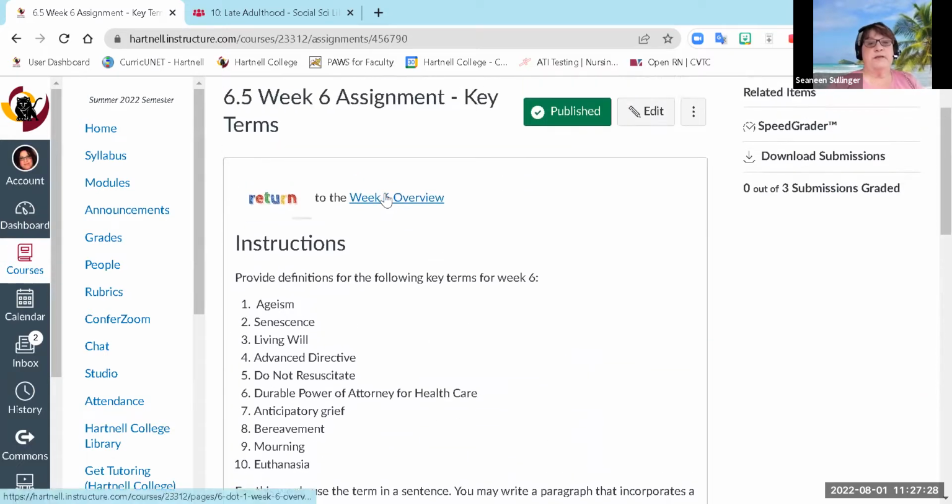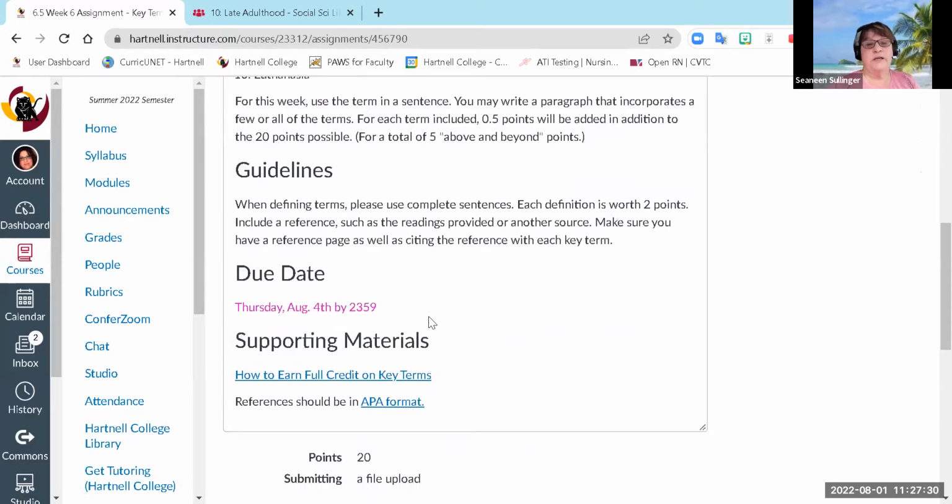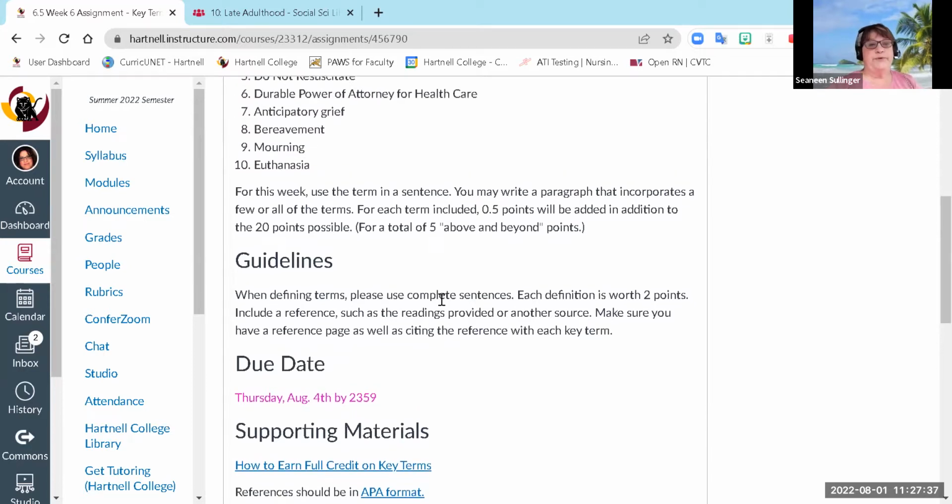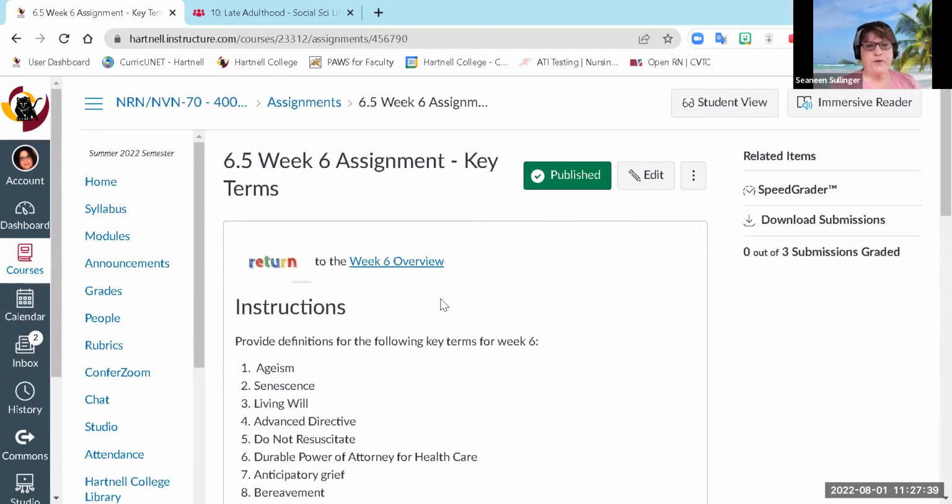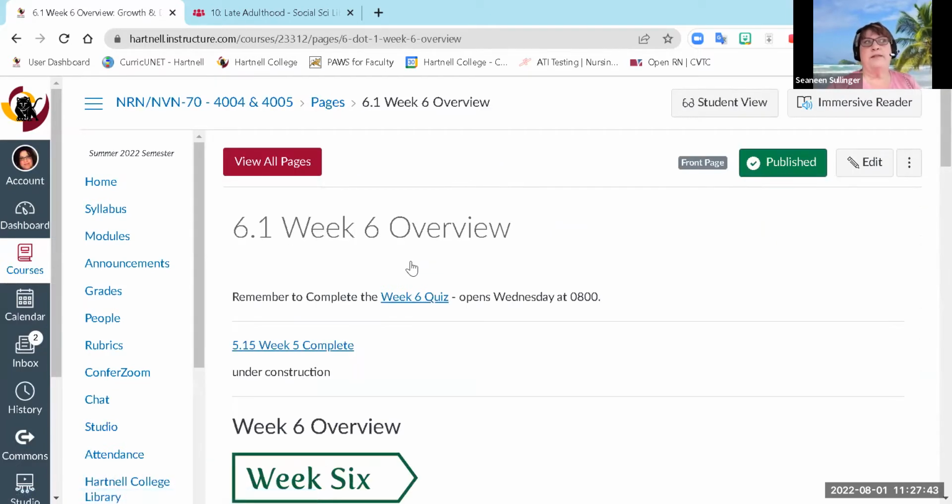Let us go back to see and watch the due dates, because some of the due dates are a lot earlier this week. So Thursday, Friday, those will be your due dates this week. And just so you know, for week 4, I think I took away all the late assignments. That was a rough week for people. I got a lot of emails and contacts from students saying that they were unable to complete assignments on time that week.